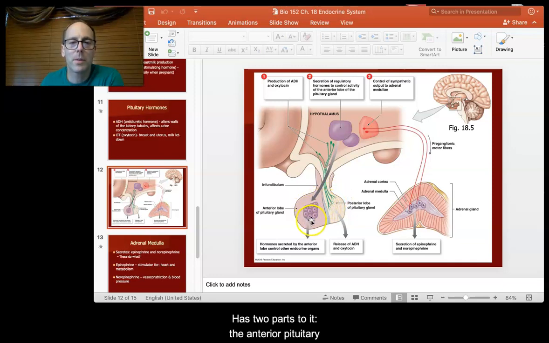The anterior pituitary is made of glandular tissue. The posterior pituitary is actually made of nervous tissue. So anything that comes out of the posterior pituitary actually is made by the nervous system, and it's made in the hypothalamus. Now there are 2 hormones that are made this way.